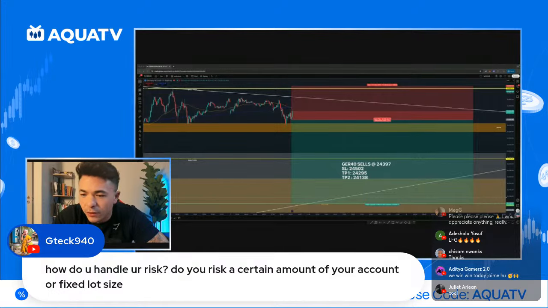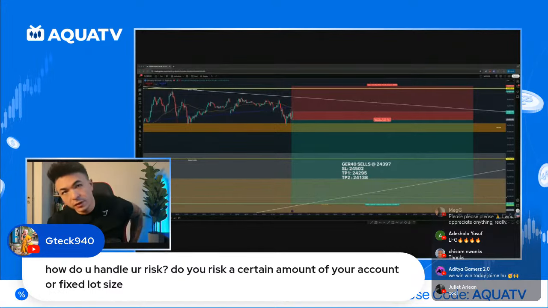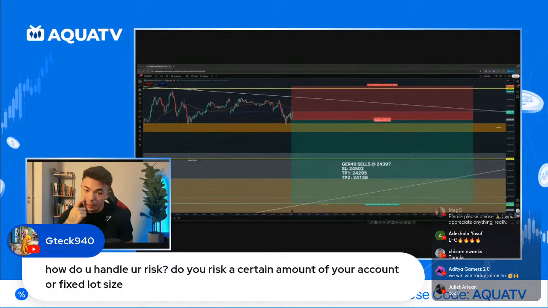How do you handle your risk? Do you risk a certain amount of your account or fixed lot size? So I usually risk 0.25 to 0.5%. It just depends on the trade quality. But I would say try to stick to a stable risk percentage. You can go static.